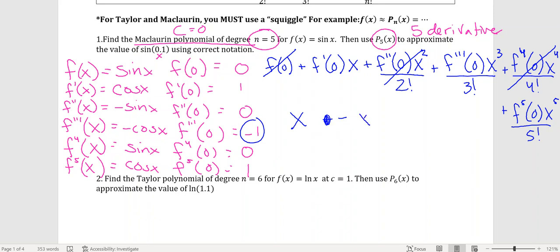And then x cubed over 3 factorial plus x to the 5th over 5 factorial.